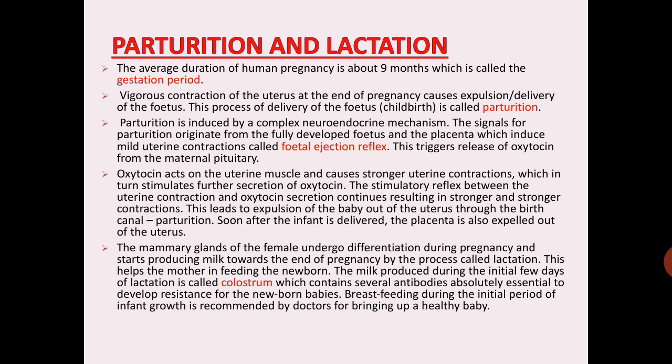The stimulatory reflex between the uterine contraction and oxytocin secretion continues, resulting in stronger and stronger contractions. This leads to expulsion of the baby out of the uterus through the birth canal, which is called parturition.